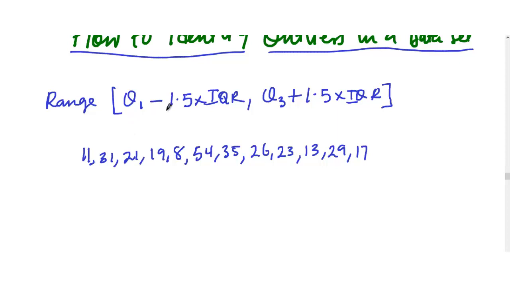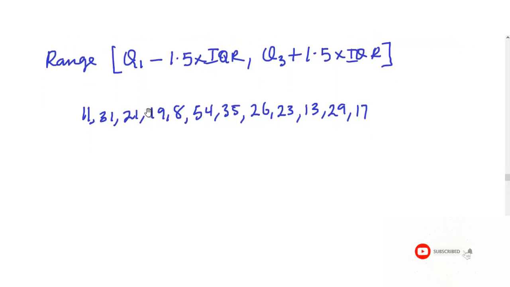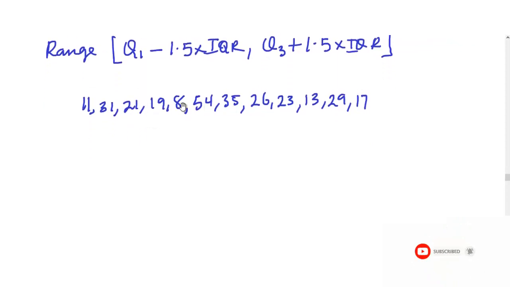To determine the range of numbers that tells us if an outlier exists, we need Q1, the first or lower quartile, and the interquartile range. We can't get Q1 until we arrange this set of data in ascending order of magnitude.